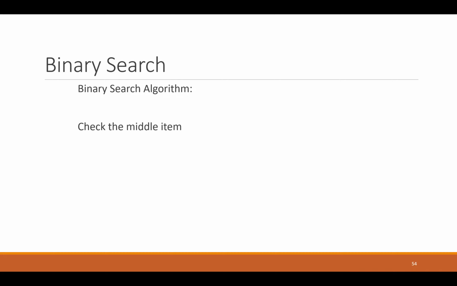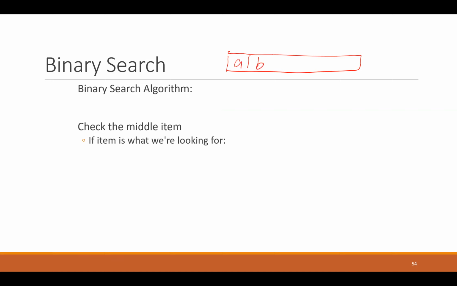Basically, I have a sorted list of elements that are maybe in alphabetical order, so B, D, F, G. And I want to search for something.